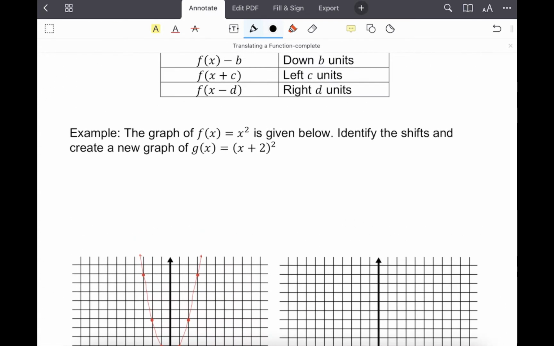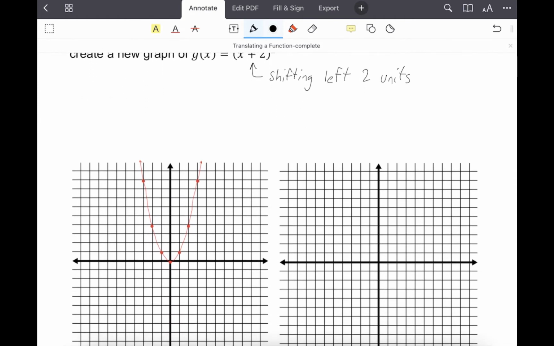This plus 2 is inside of the function, inside the square, so that's just like this form right here, x plus c. So we're shifting left 2 units. Shifting left 2 units.